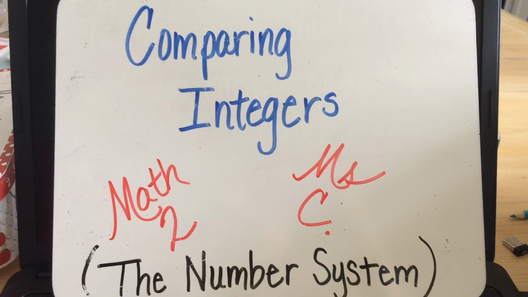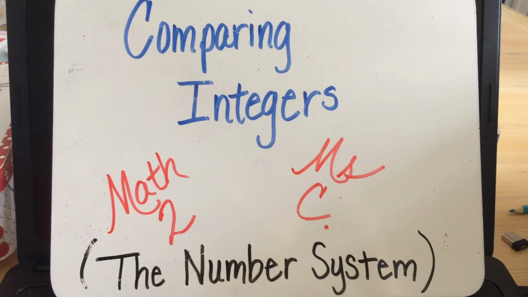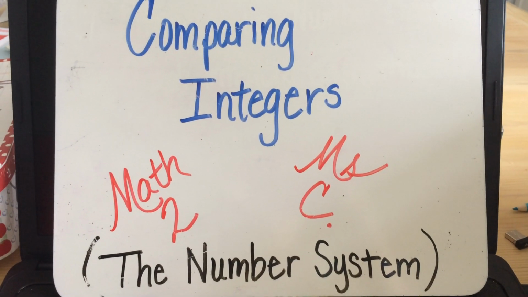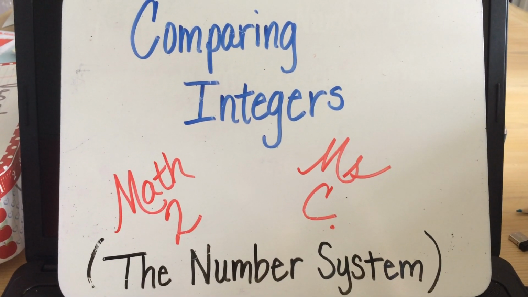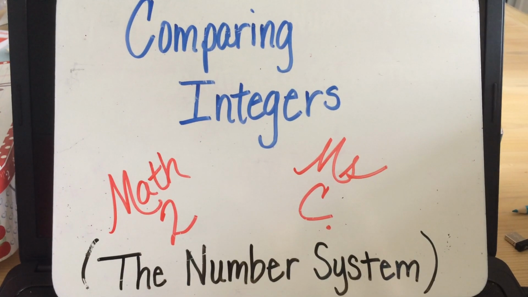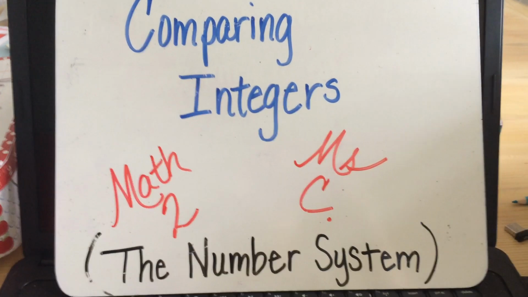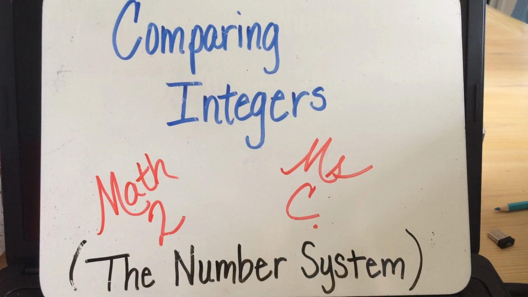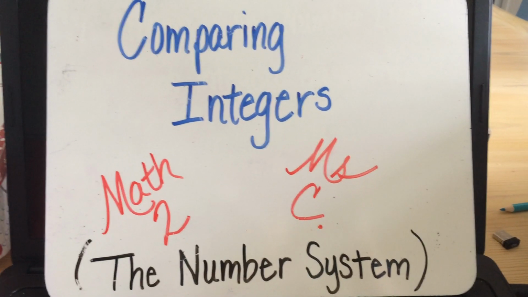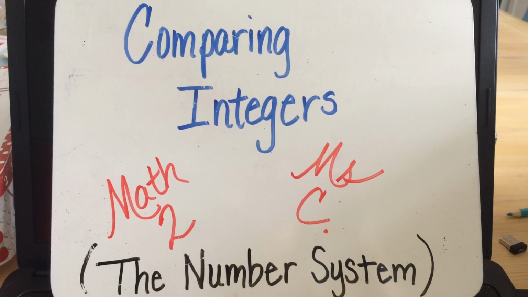So today, moving on, we're going to be looking at comparing integers. Now, all of this set that we've been doing in IXL is called the number system. And that's why so many of my videos have included a number line. We're studying the number system as a whole.